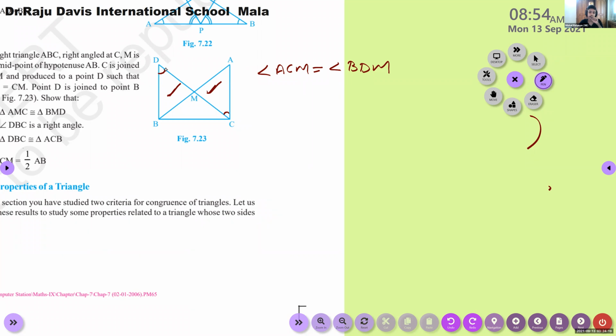Alternate interior angles. No, alternate interior angles means we don't know whether DB and AC are parallel. Ma'am, this total angle is 90 degrees. ACB is the 90 degree angle. So by which reason can I say these two angles are equal?